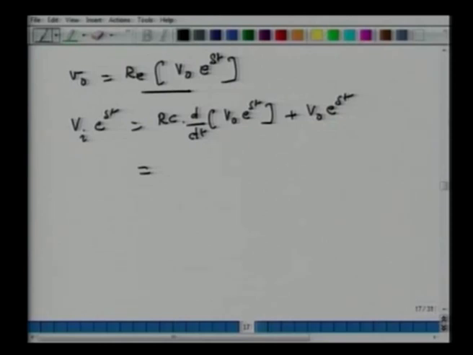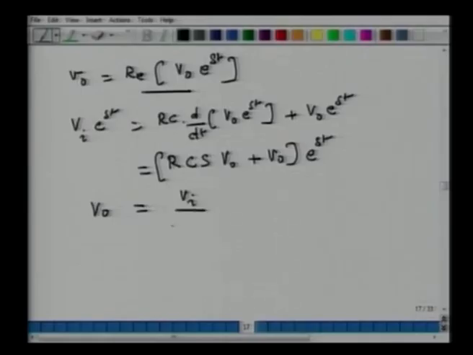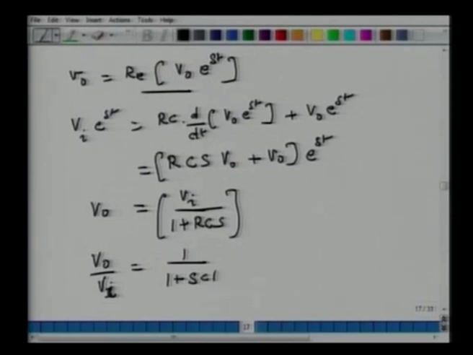What I get is RCs V naught plus V naught, times e^st. So I get V naught equals Vi over 1 plus RCs, or V naught over Vi equals 1 over 1 plus sCR.